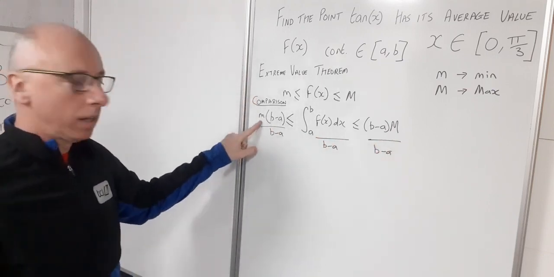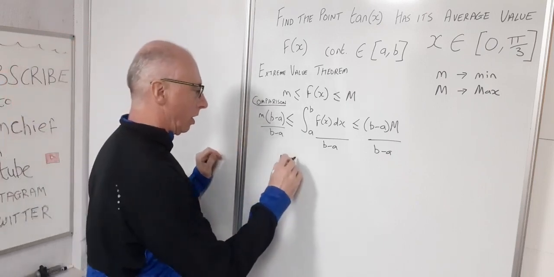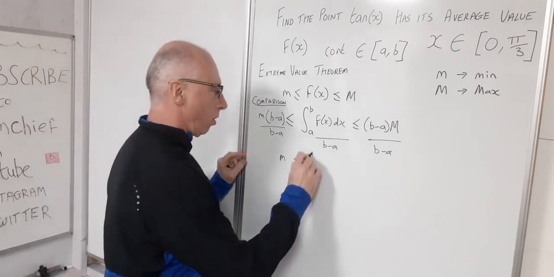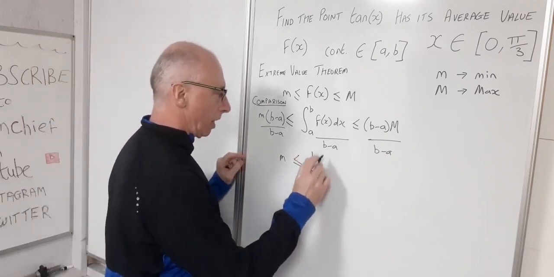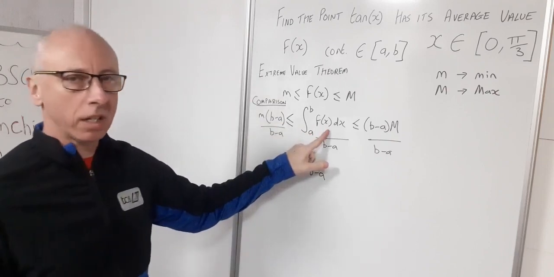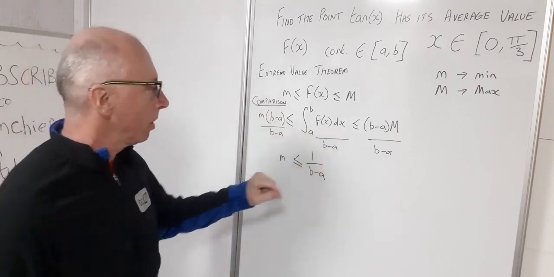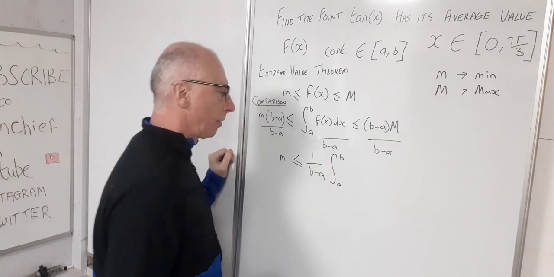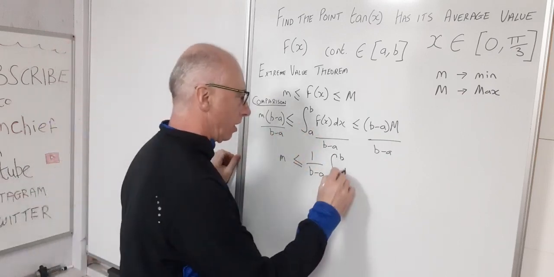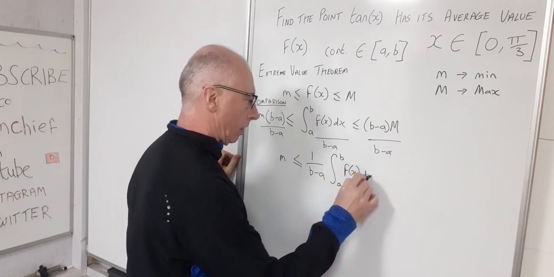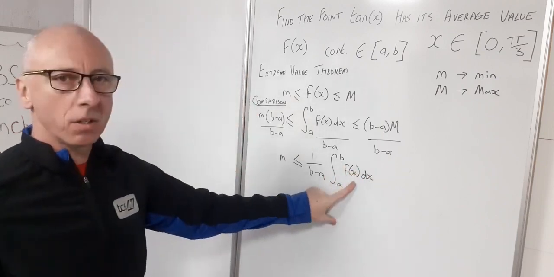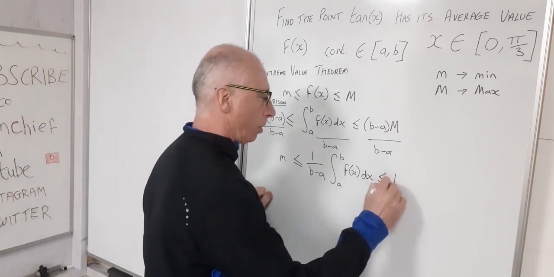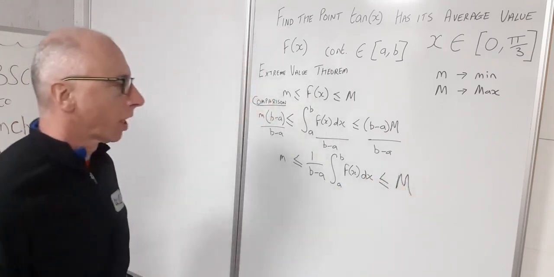And now we'll get our minimum value is always going to be less than or equal to 1 over b minus a, so I can bring that out, the integral from a to b of f of x dx. And this is always going to be less than or equal to the maximum value.